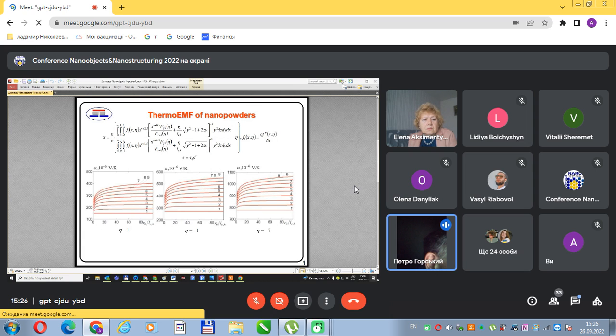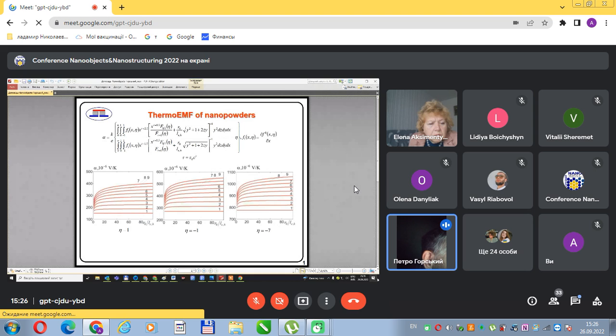Якщо R строго дорівнює мінус 0,5, що найчастіше зустрічається у напівпровідниках, то ми маємо незалежну від розмірів термо-ЕРС. Чому? Тому що залежність від цієї квадратної скобки від ікса пропаде, і це вже не грає роль.